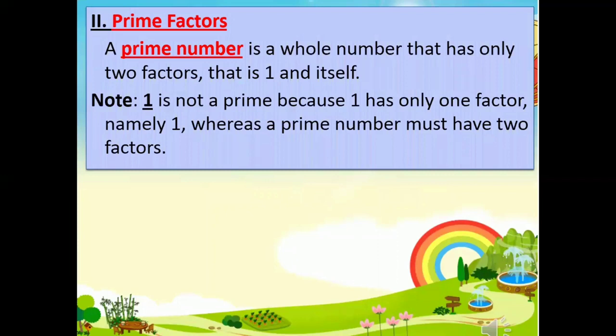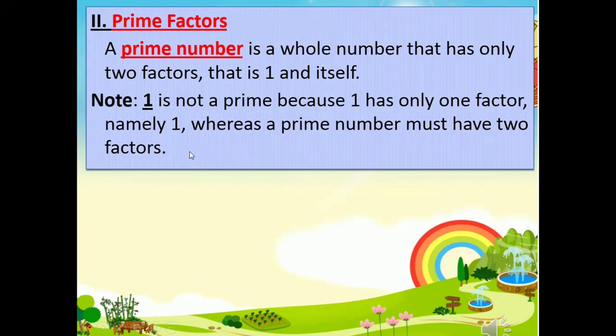Now let's talk also about prime numbers. What is a prime number? It is a whole number that has only two factors, that is 1 and itself. It has two factors, okay? Note, 1 is not a prime number because 1 has only one factor, namely 1, whereas a prime number must have two factors.